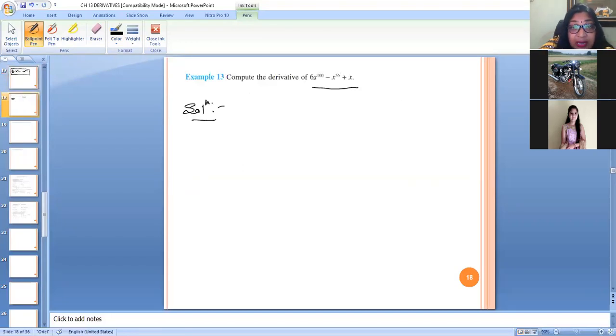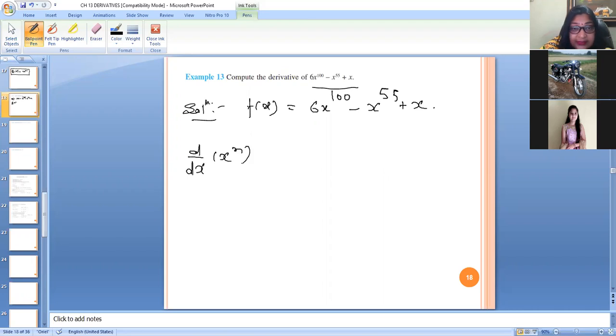Now, how to apply the formula? f of x is equal to 6x raised to power 100 minus x raised to power 55 plus x. We know that the derivative of x raised to power n is n x raised to power n minus 1.